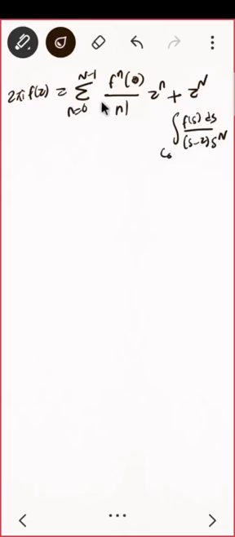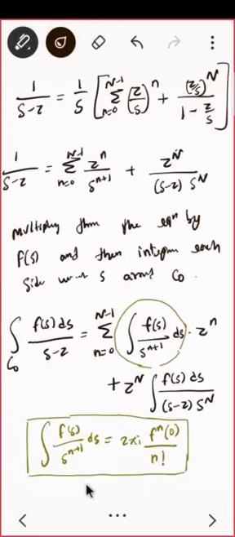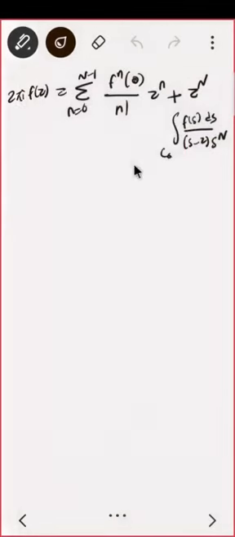So you can divide by 2 pi I. Here also I am having 2 pi I actually, no? Yes, 2 pi I is also there, multiplied with this, correct? So can I divide by 2 pi I?